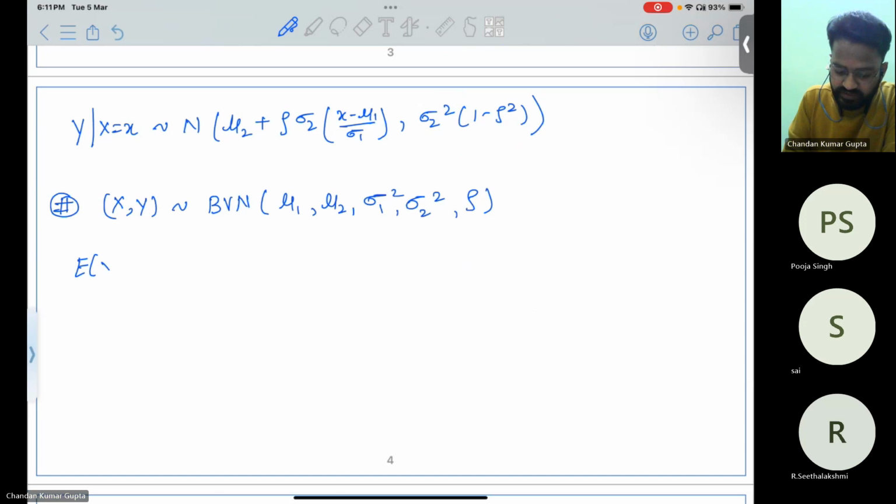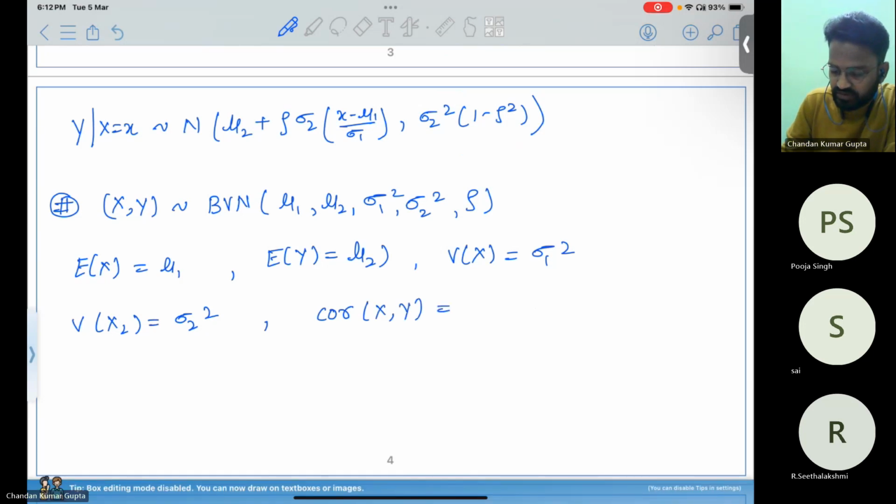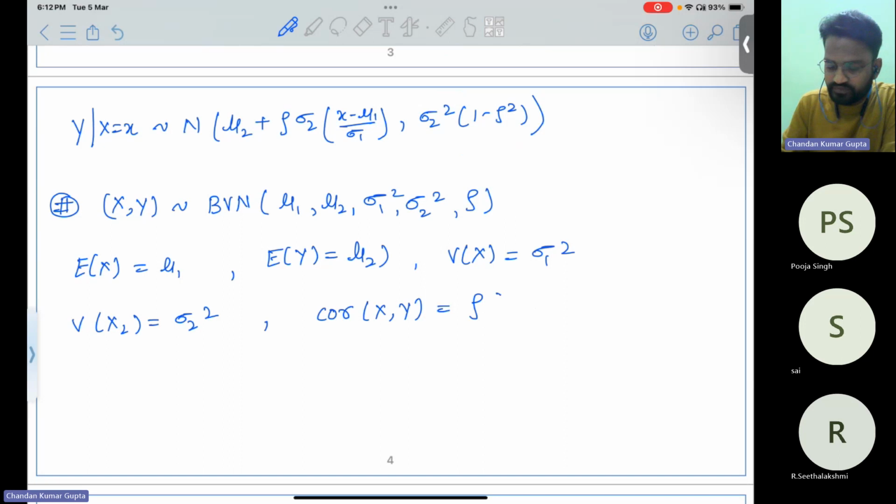So here we can say that the expected value of x is mu1, the expected value of y is mu2, the variance of x is sigma 1 square, the variance of y is sigma 2 square, and the correlation between x and y is rho.